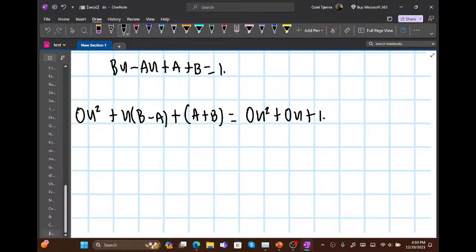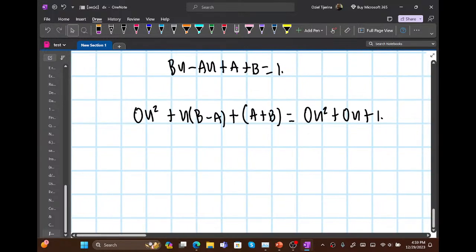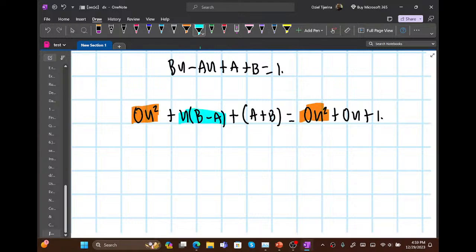So now I know that this is equal to this. This equals this, I think, and this equals this.